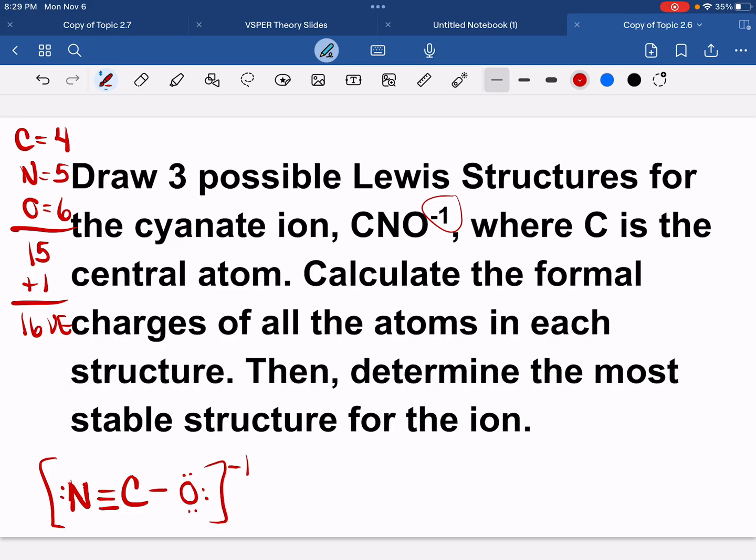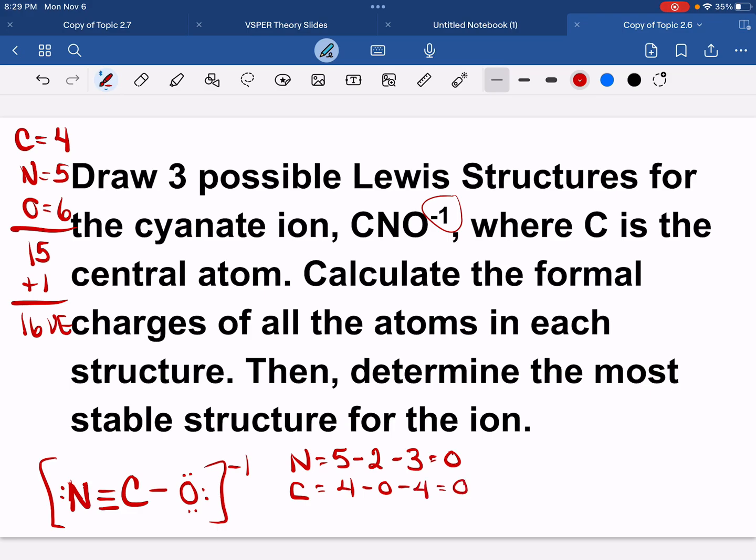16 electrons. My nitrogen has 5. It has 2 lone pair, and it is sharing half of the 6 bonding, so 3. It has a formal charge of 0. My carbon has 4 valence electrons. It has 0 lone, and it has 2, 4, 6, 8 bonding. Half of that is 4.